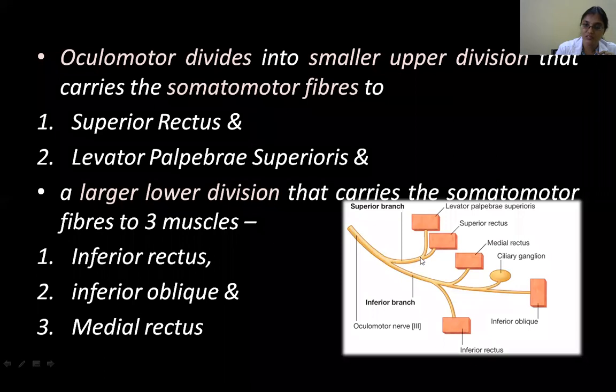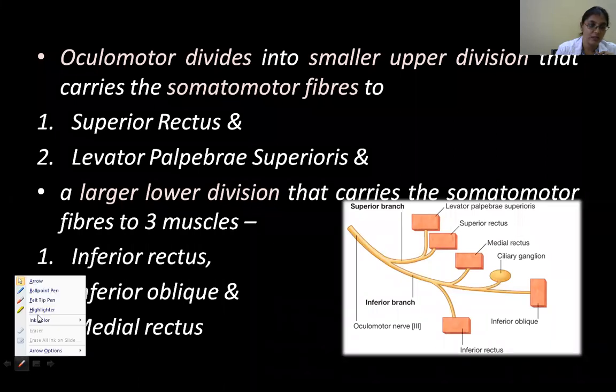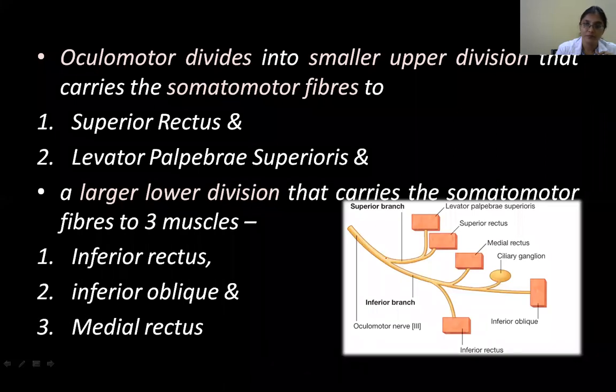Supposing you're using yellow to color all this, you can put a green line. So these fibers go like this and then here, and from here you get the postganglionic fibers. And these will go up to the ciliaris and the sphincter pupillae.